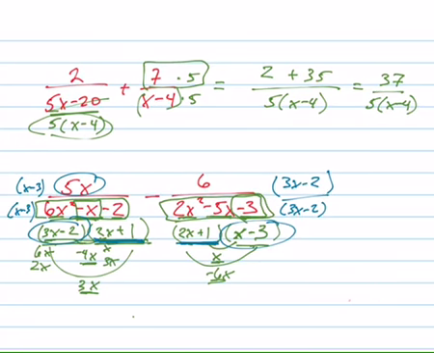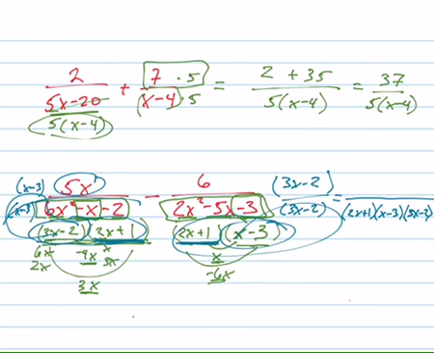And now I have the common denominators, which is 2x plus 1, x minus 3, and 3x minus 2. See how that's on both denominators now? That's what I'm trying to do. I'm trying to get the denominators to be the same. And now the numerators are going to be 5x times x minus 3, which we'll clean up in a second, minus 6 times 3x minus 2.